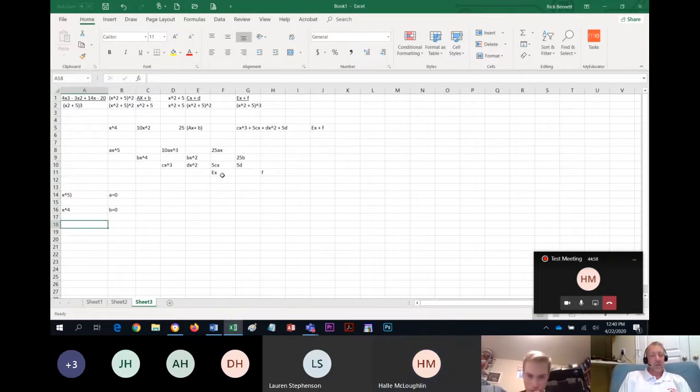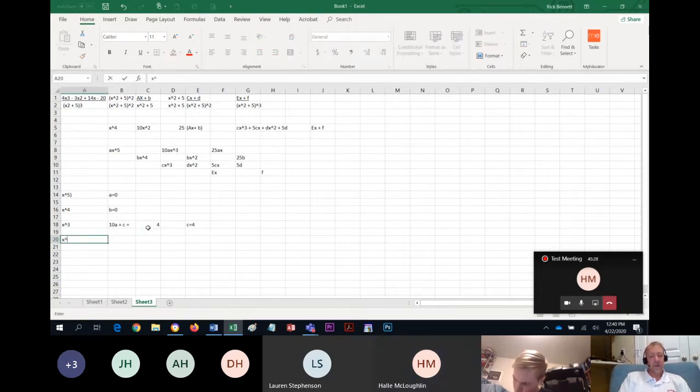Then I need to come up with an x cubed equation. So that's going to be 10a plus c equals, now we need to come up with the x cubed term, which is 4. And since a is 0, then this becomes c is going to equal 4. So that was really easy.